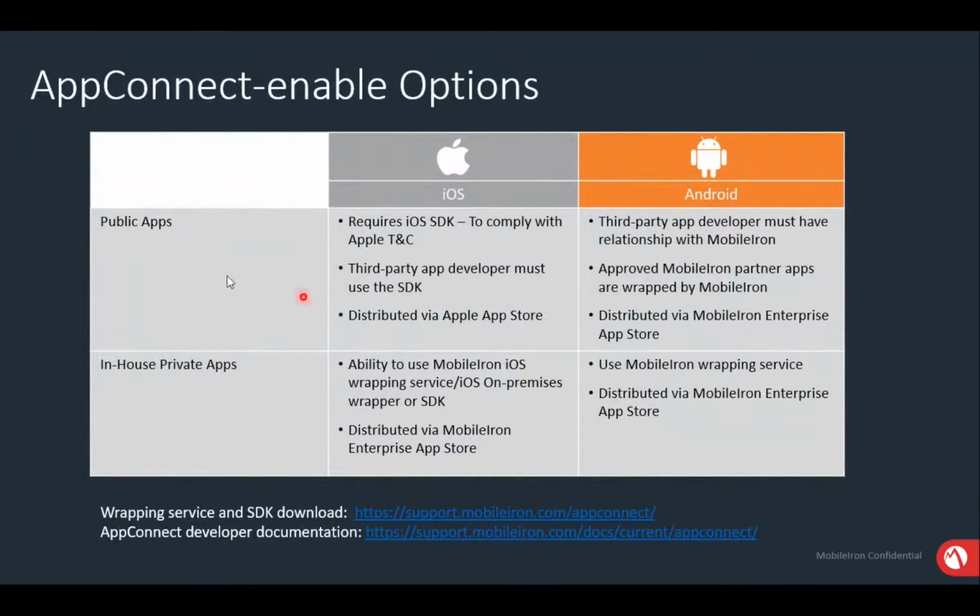So this is the difference between a public app and an in-house private app. Public apps like Facebook, WhatsApp, or Google Chrome, you cannot wrap. You cannot make publicly available apps AppConnect enabled apps. Only in-house developed apps can be wrapped.